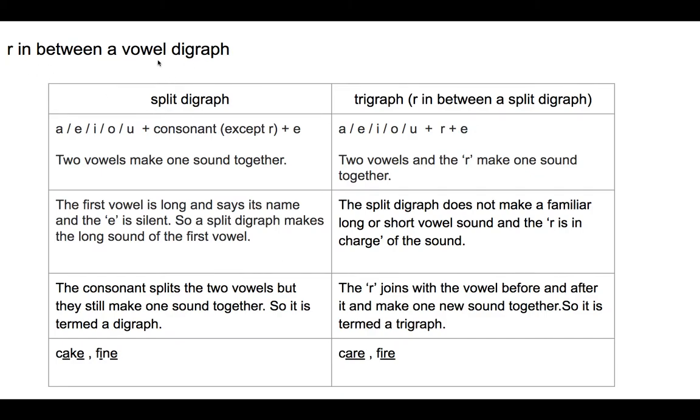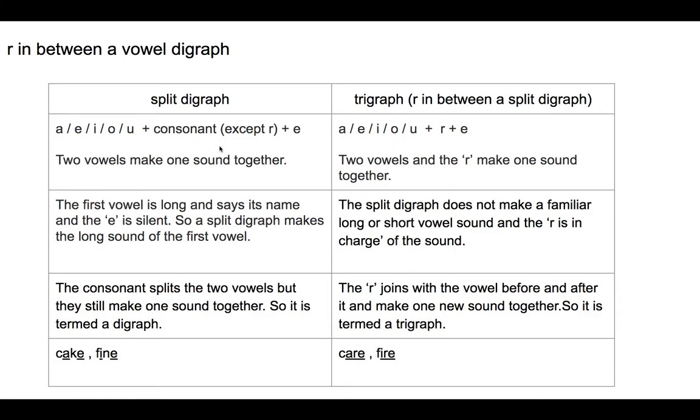R in between a vowel digraph, that's a split digraph. When a vowel digraph is split by a consonant except R, then it is known as a split digraph. Here the two vowels make one sound together. The first vowel is long and says its name, and the second vowel E is silent. So a split digraph usually makes the long sound of the first vowel.